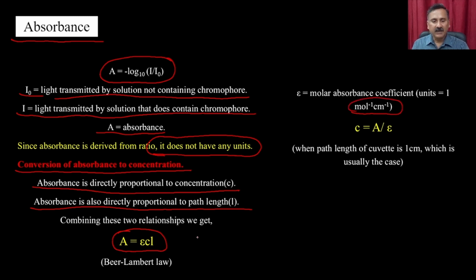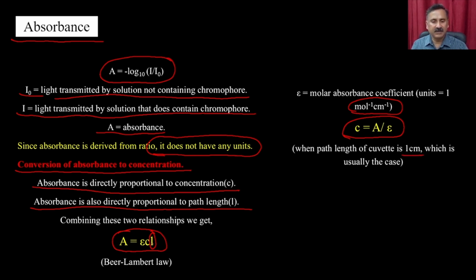So if you keep the path length constant, then the concentration is going to be the absorbance divided by epsilon, okay? When the path length of the cuvette, or the light path, is 1 centimeter, it is going to be constant, right?